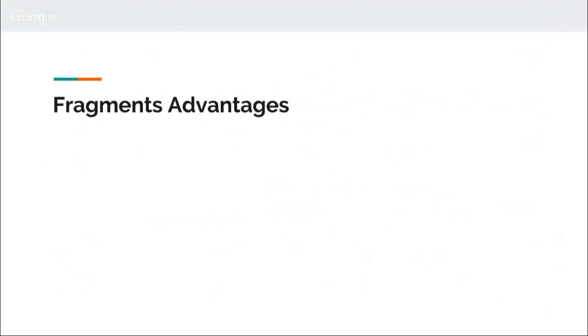So, what are some advantages of fragments? Well, as I said before, we can reuse the menus, and this is really an advantage in developing, because if we didn't, we have the same piece of code declaring the menu and the actions of the menu in every one of our activities.